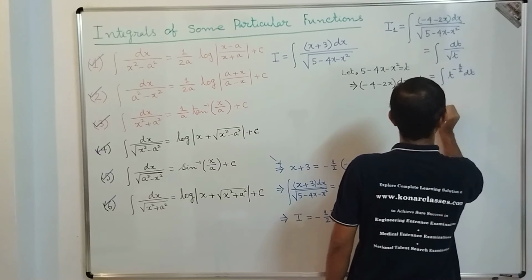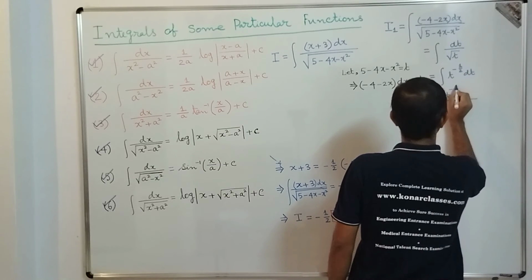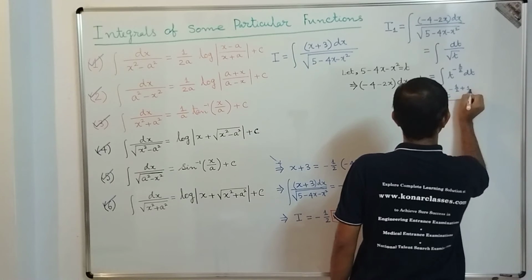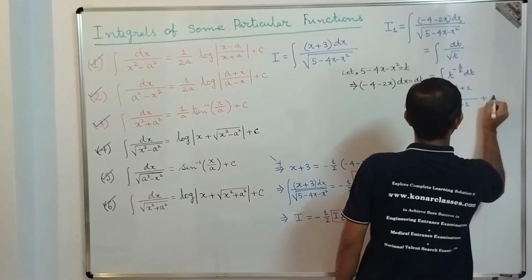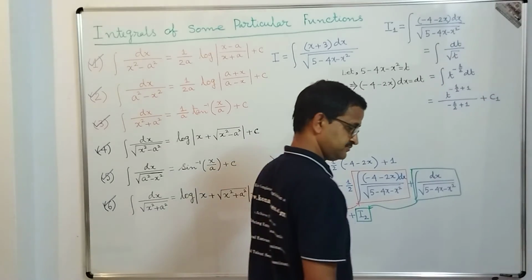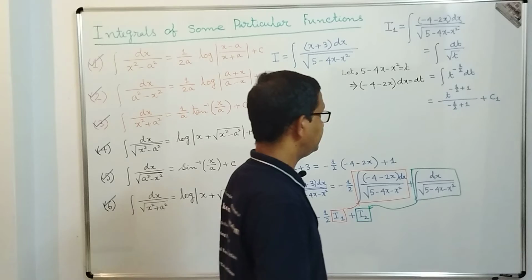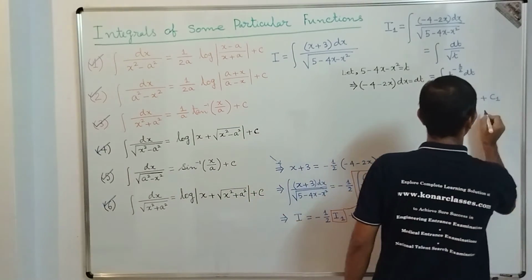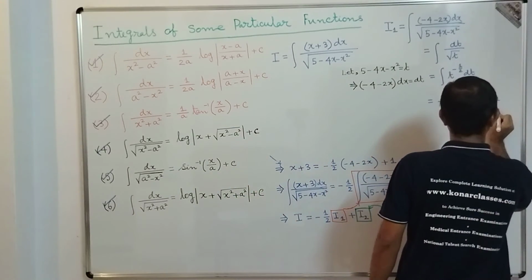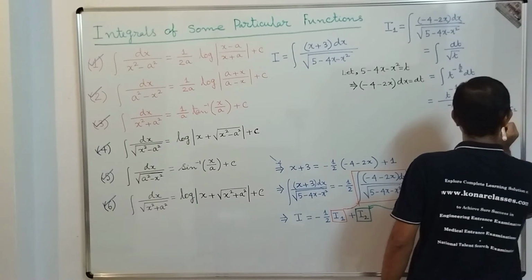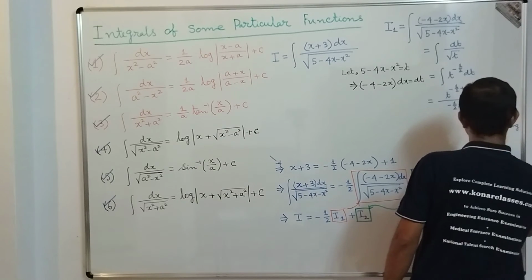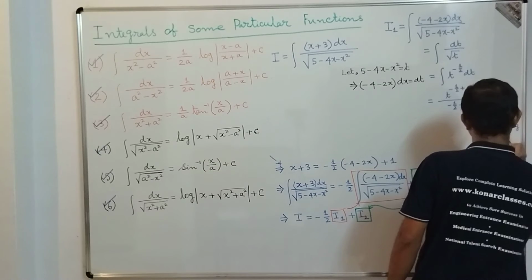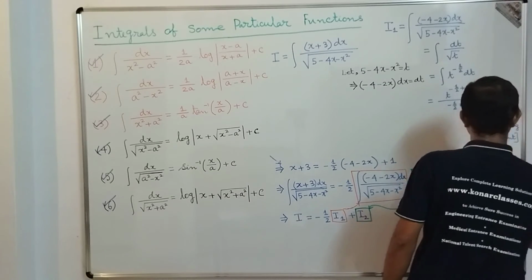So this is equal to what? t to the power (minus 1 by 2 plus 1) divided by (minus 1 by 2 plus 1), plus integrating constant C1, where C1 is the integrating constant.